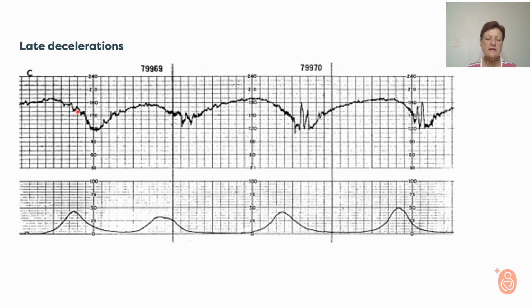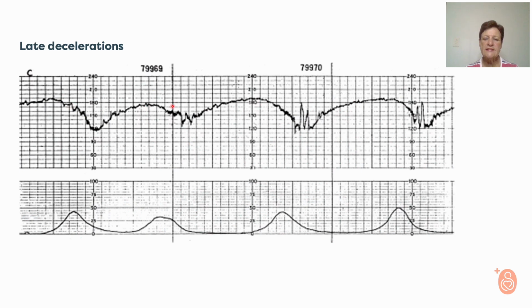If we look at the duration of the deceleration, we see that it's almost 1 centimeter, 2 centimeter, 3 centimeter, a little bit longer than 3 centimeter. So it's almost 1 minute long that this deceleration lasts. Here we see 120 beats per minute, there's 150, and there's 180 beats per minute.